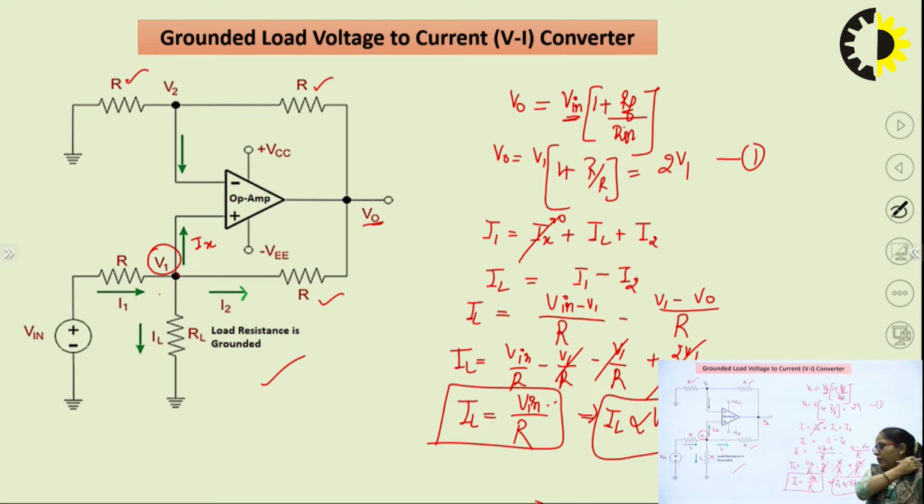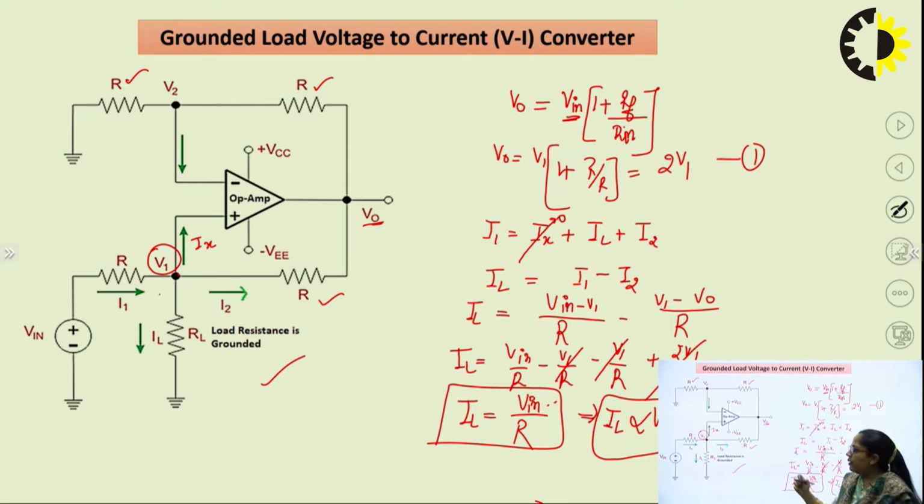Got it? When we say that the load current is independent of load resistance, what is the meaning of this line? It means that if I change the value of this RL, IL should not get changed. But this relationship of IL and RL will be followed only up to a particular value of RL.